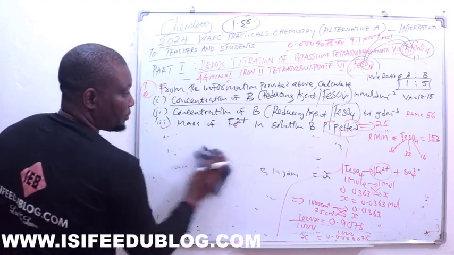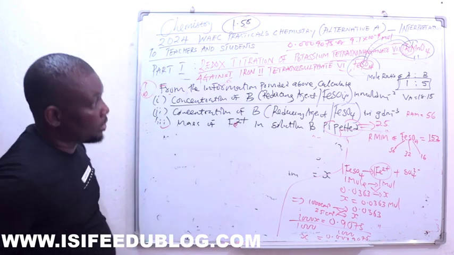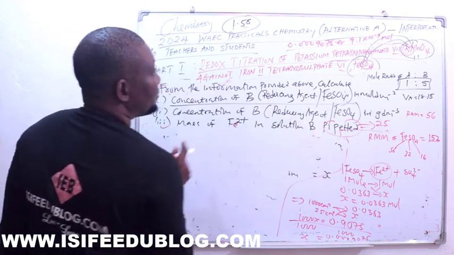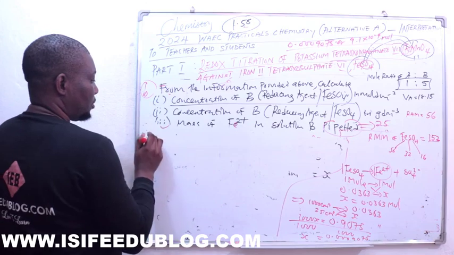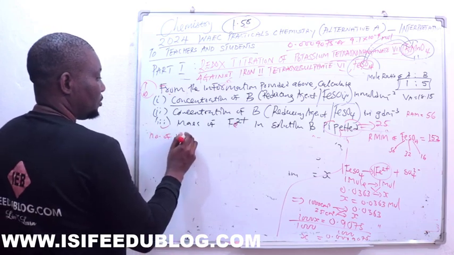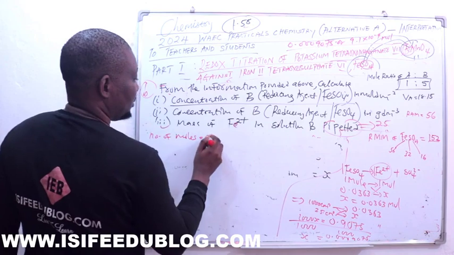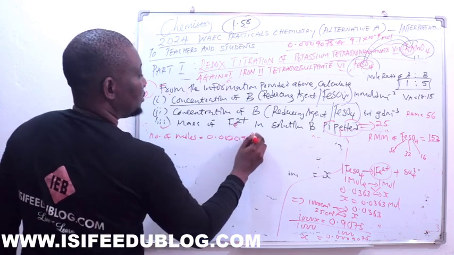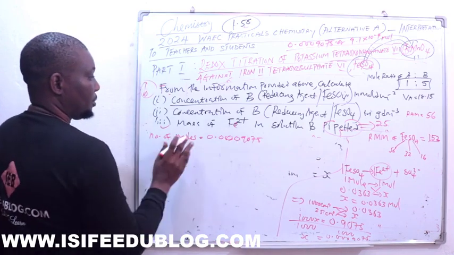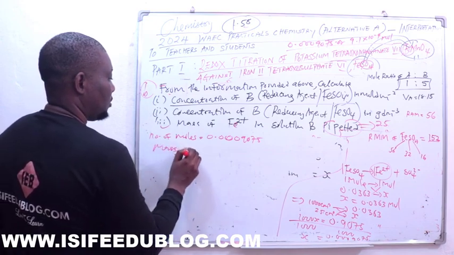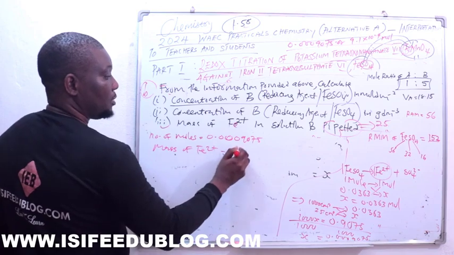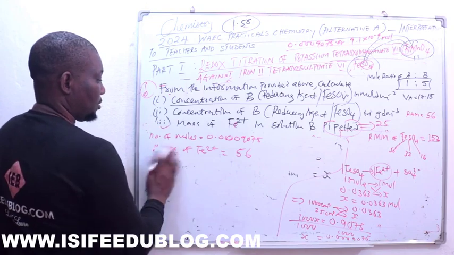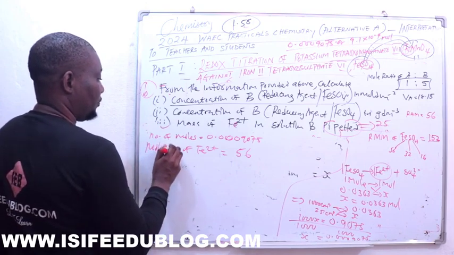This is actually the amount that is in the volume of B. So what I'm now doing is that number of moles, this is my number of moles, 0.0009075. The mass of Fe2+ is 56. Sorry, this one should be molar mass. So we're looking for mass now.